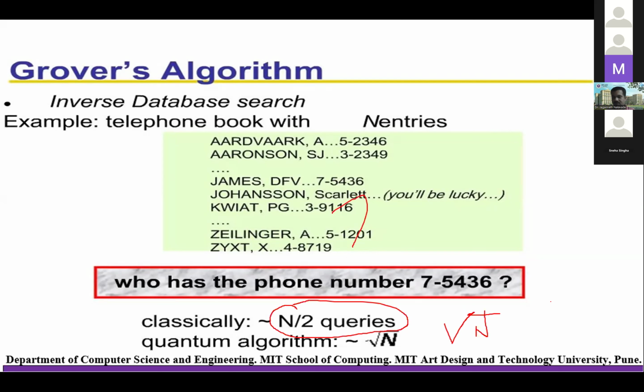If n is 225, then the queries will be 15. But for the same example using a classical computer, it takes 225 divided by 2, around 112 queries, to solve this problem.